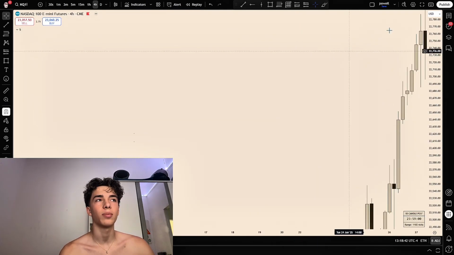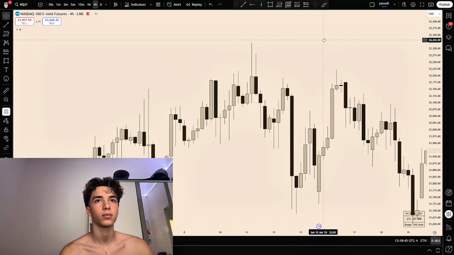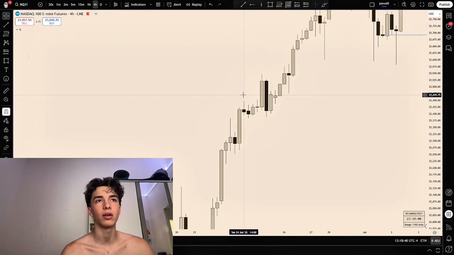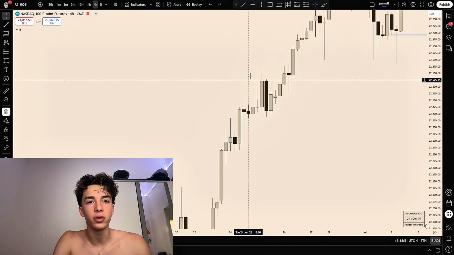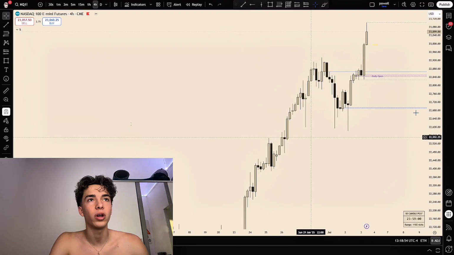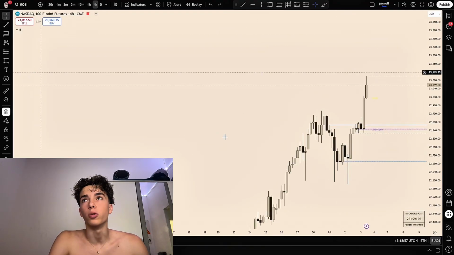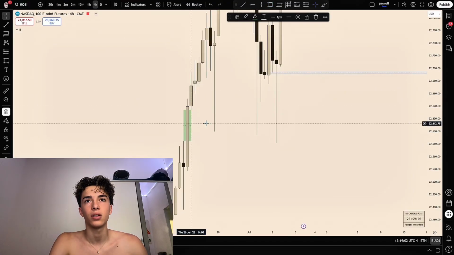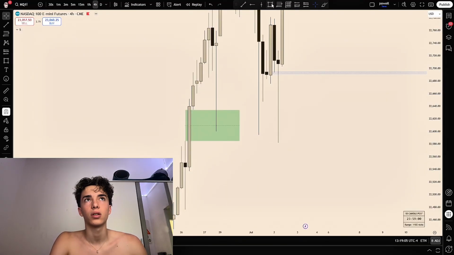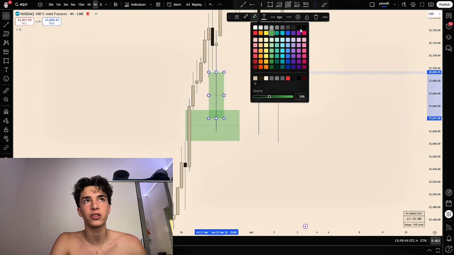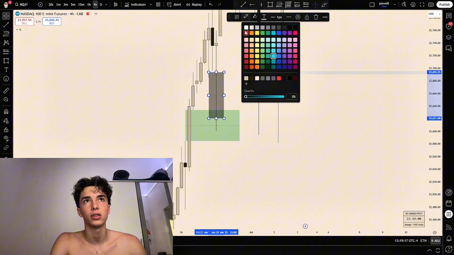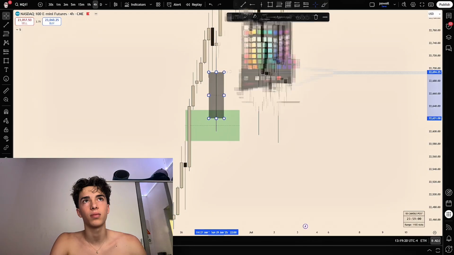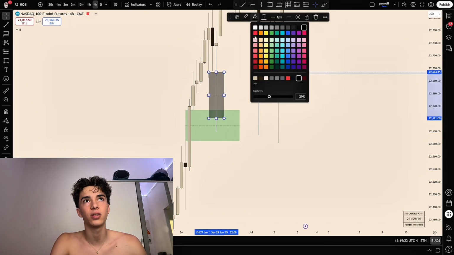Let's do an example of a gap fill. I'm also going to explain why the gap fill is so good. Let's pretend our candle here was like this, the close.